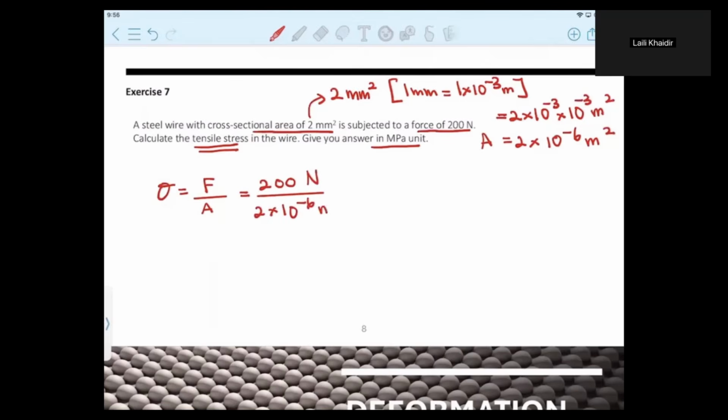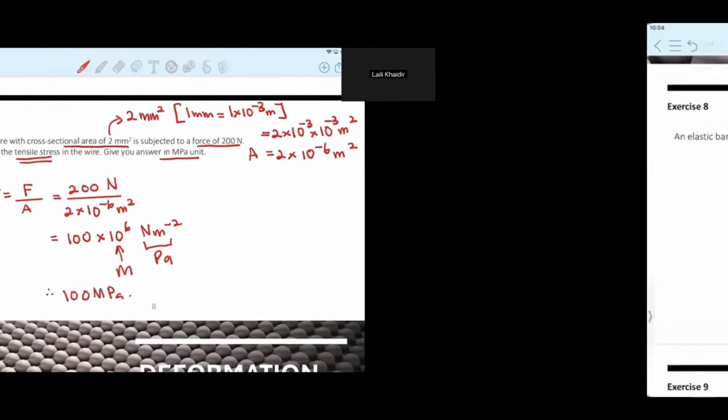So Newton and meters squared. So 200 divided by 2, it's 100. And the negative we bring to the top will become positive. Newton per meter squared is equivalent to Pascal, and this is equivalent to mega. So therefore, our final answer would be 100 megapascal.